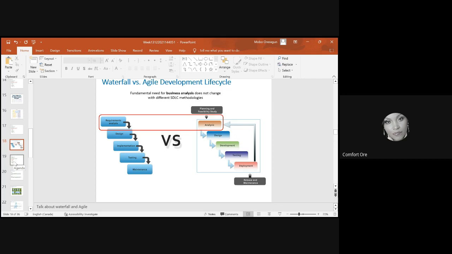So what do you think this environment needs? We need to build a new playground, for instance. So they go ahead, they design it, they simply implement. Are the swings working? Are the monkey bars working? And then they do maintenance.